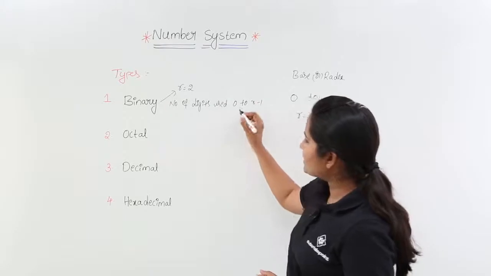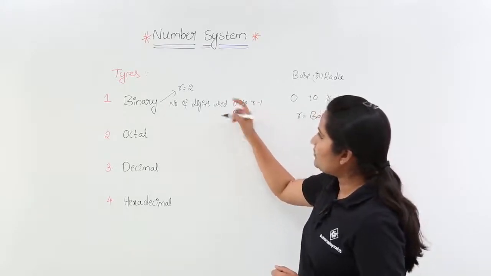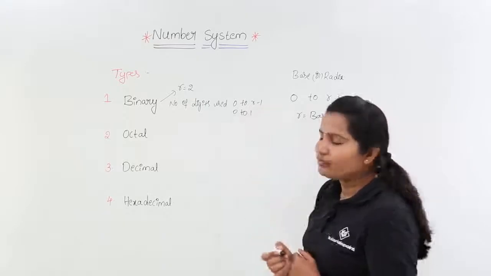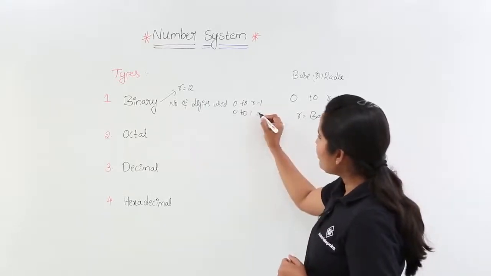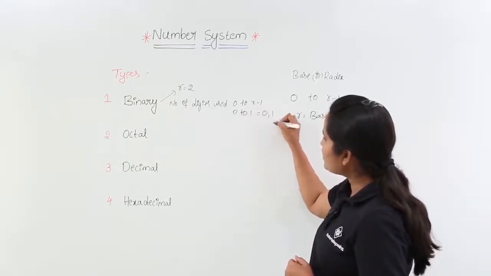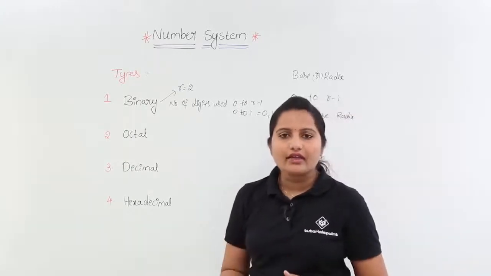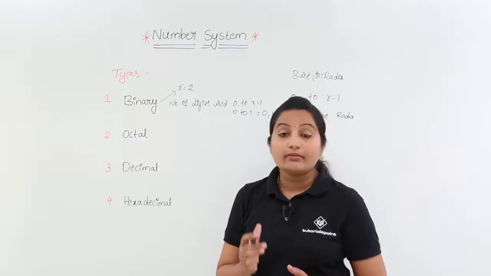The r value is 2 here, so 2 minus 1 gives 0 to 1. 0 to 1 means how many digits do we have? Only 0 comma 1.